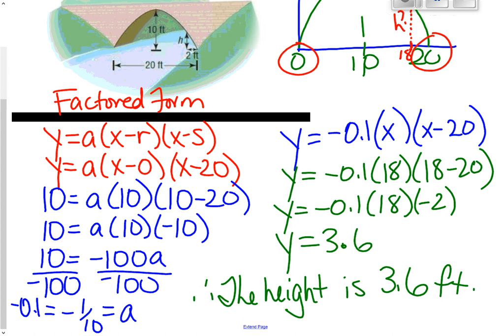And then once I had my a value, I was able to write my equation and then subbed in the 18, because it's 18 meters from the beginning over on our x-axis, into our equation to solve for y, and I got 3.6. Even if you had done this as a vertex form, you still should have gotten 3.6 feet as your height. Okay, great question.